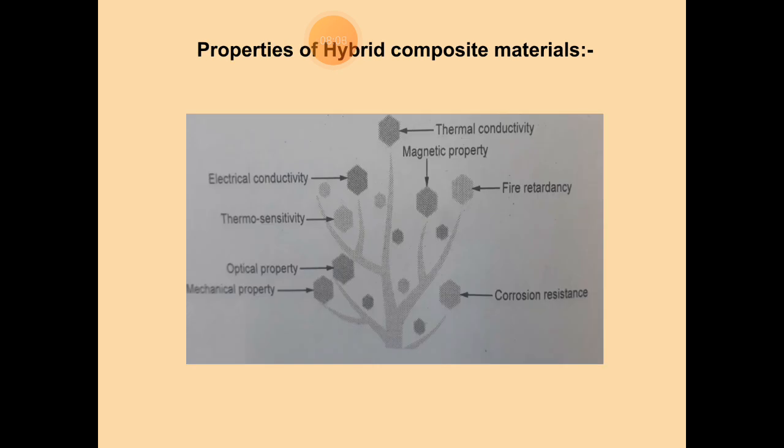Then the next one is the properties of hybrid composite materials. The figure shows the various properties: corrosion resistance, fire, magnetic, thermal conductivity, electrical conductivity, thermosensitivity, optical properties, mechanical properties.